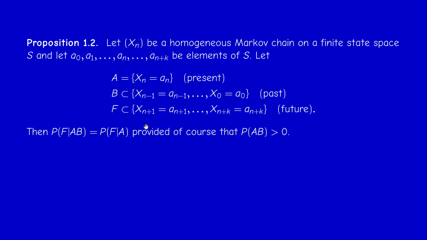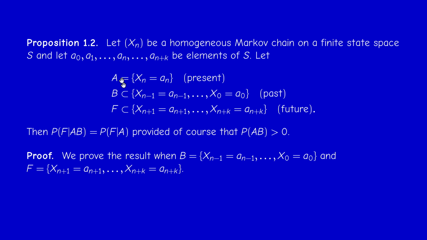Sometimes I may ask you to prove by going back to the definition that some process is a Markov chain or a homogeneous Markov chain. I ask such questions in the exam. This is why we need a definition, because when we have a definition, we can prove theorems. So if you prove that a process is a Markov chain according to our definition of last video, then this property is automatically satisfied, which seems to be more general, but actually follows from the definition. Okay, so let us prove it.